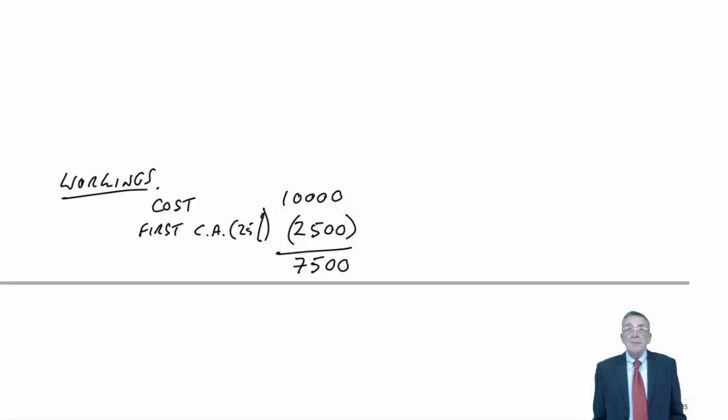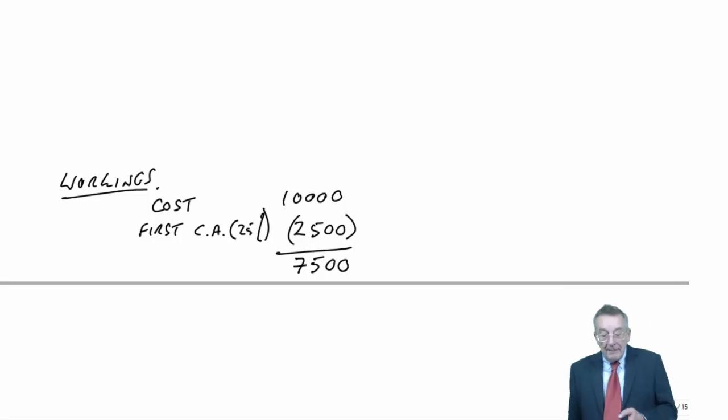Now you should know how reducing balance works. You know, next year 25% of 7.5 and so on. But before we go any further, three things. One is, remember, what I'm after is the tax saving we'll make as a result.